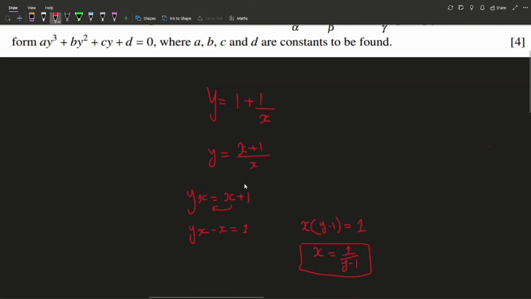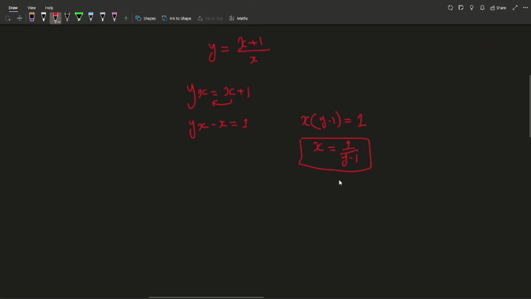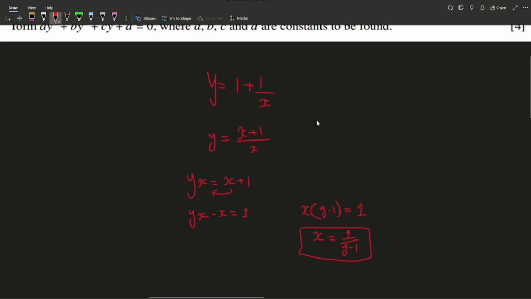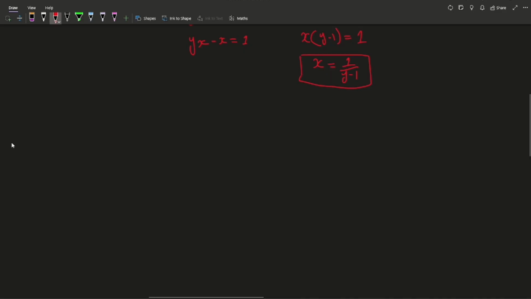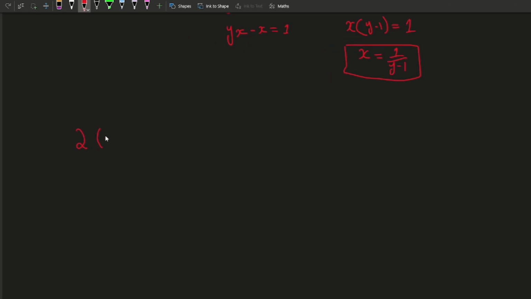Now, as you guys see, we are actually dealing with fractions, so this will be quite tricky. Let me first input this, and then let's see what to do. So we will have 2 times 1 divided by y minus 1 cubed, plus 1 over y minus 1 squared, minus 7 equals 0.